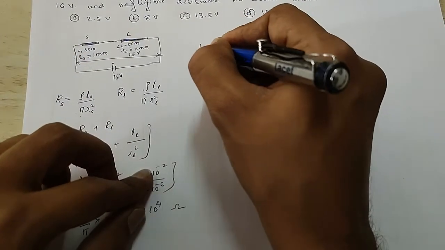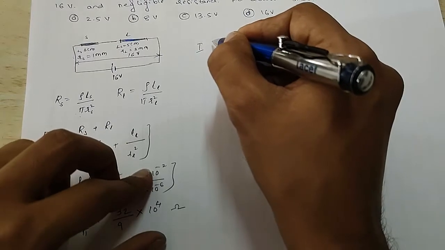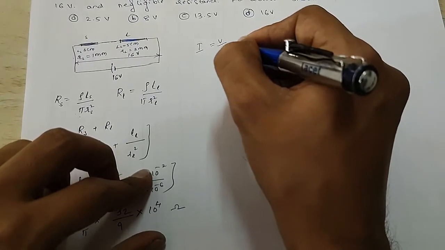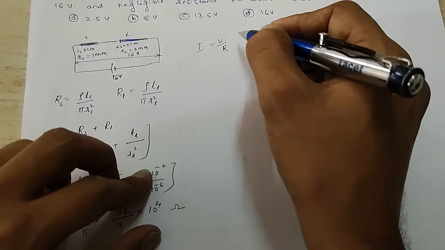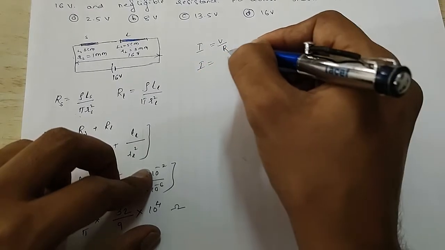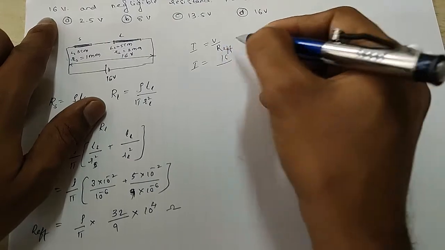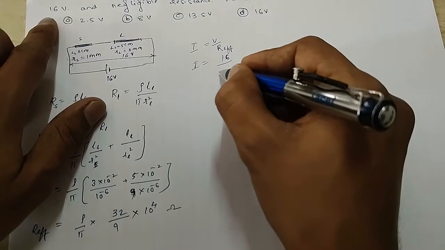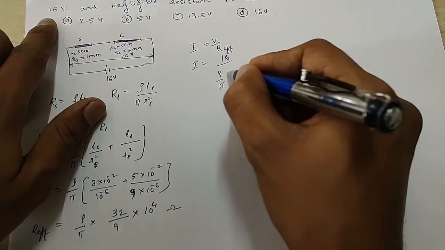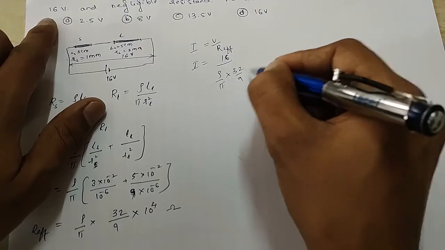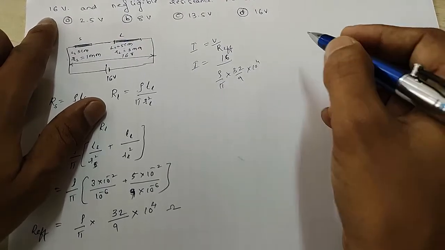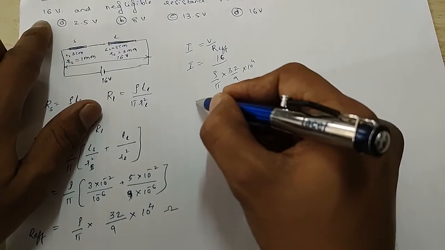From Ohm's law, I equals V divided by R. Here V is 16, and R effective is rho divided by pi multiplied by 32 by 9 into 10 raised to 4.